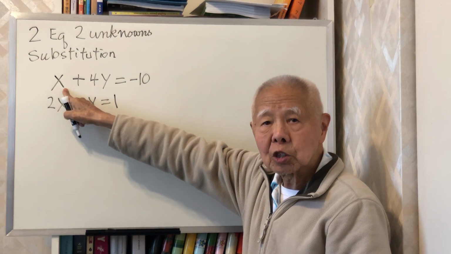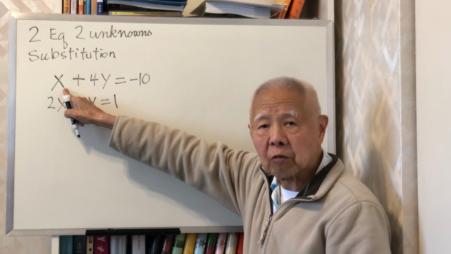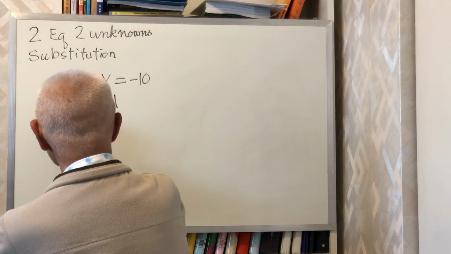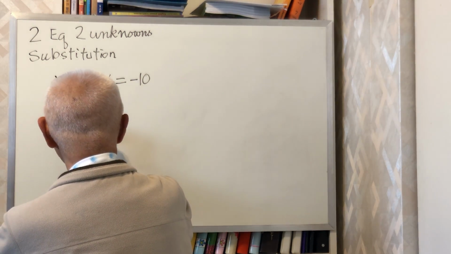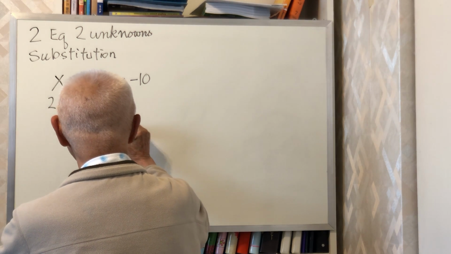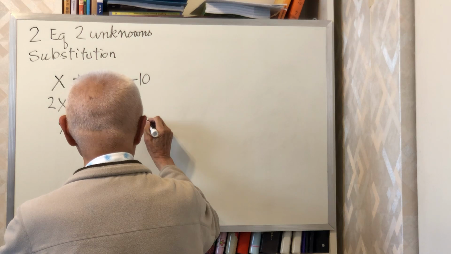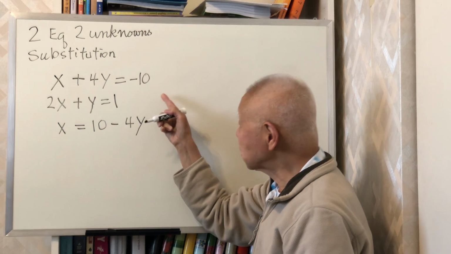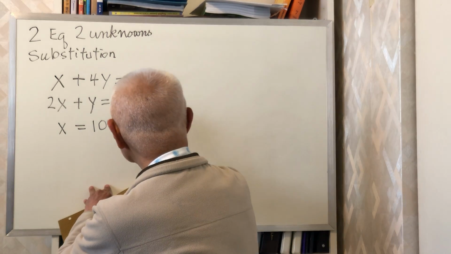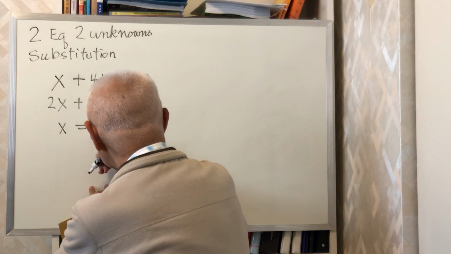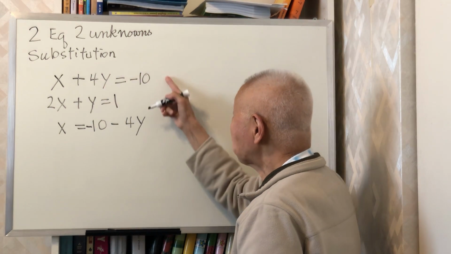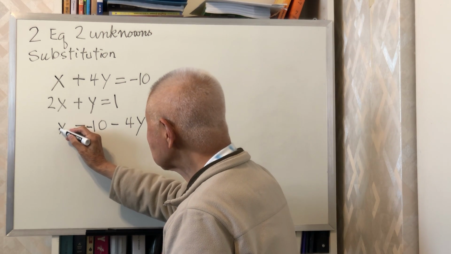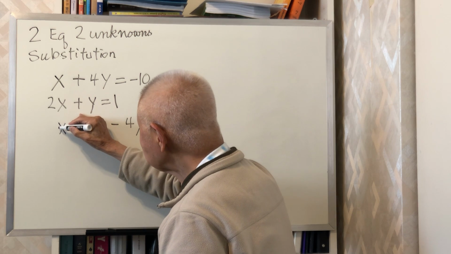Therefore, I can solve for x in terms of y from the first equation. x is minus y, minus 10, and minus 4y. I substitute this x into the second equation.